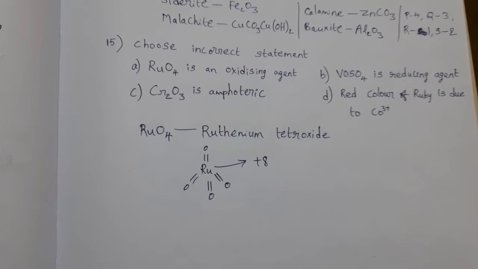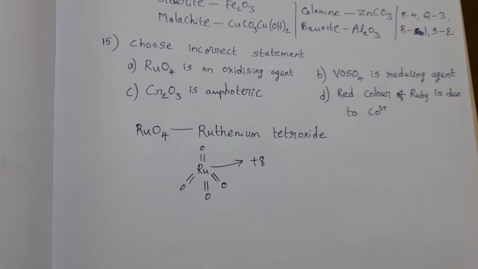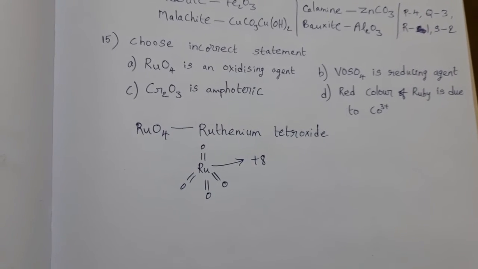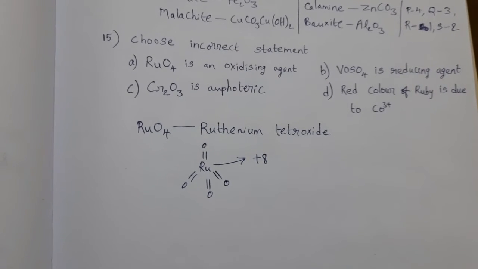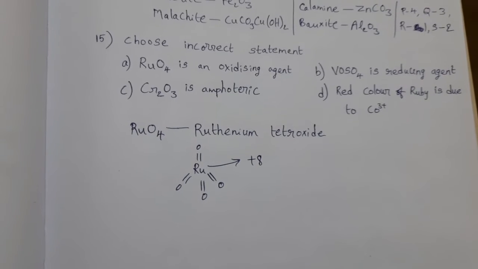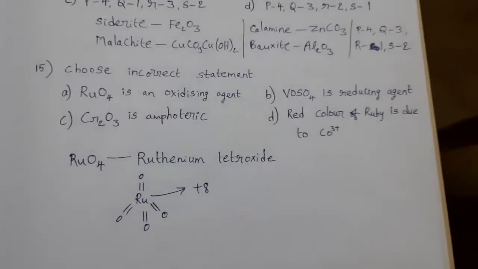Listen once again. Here in RuO4, ruthenium is in maximum oxidation state. So it can accept electrons from other substances and convert them to a lower oxidation state. So option A is correct. RuO4 acts as an oxidizing agent.